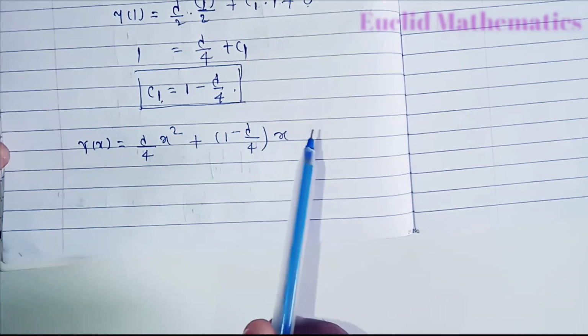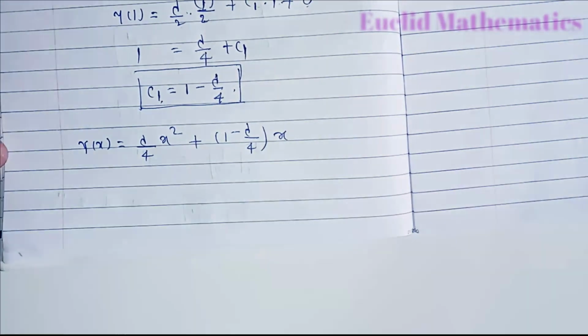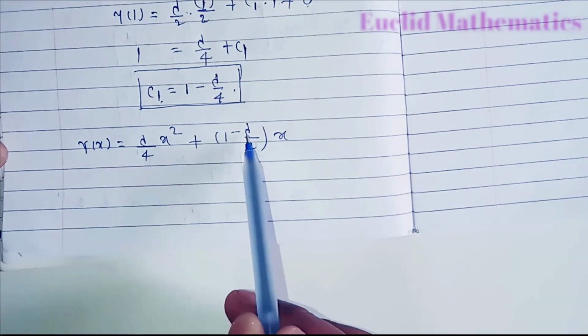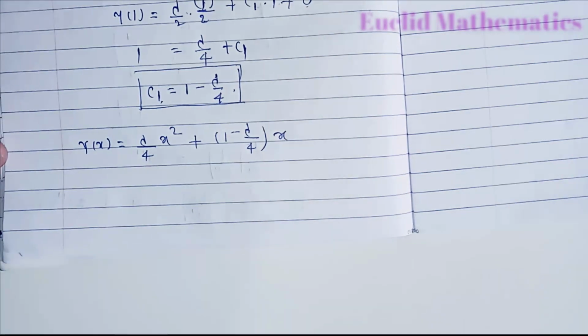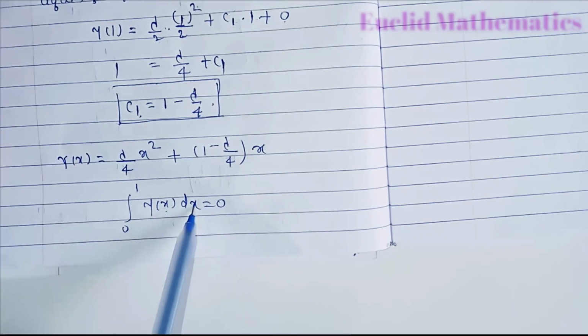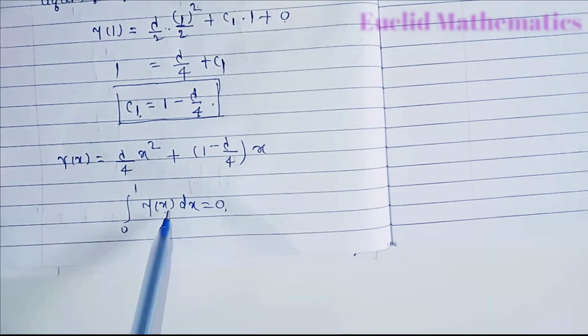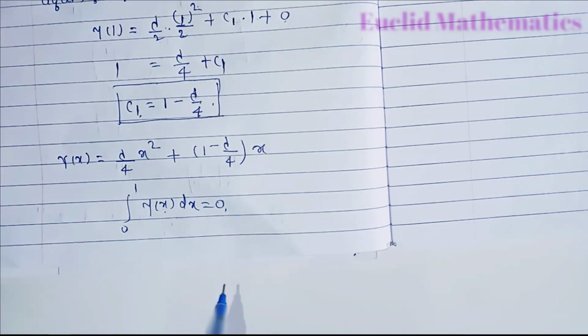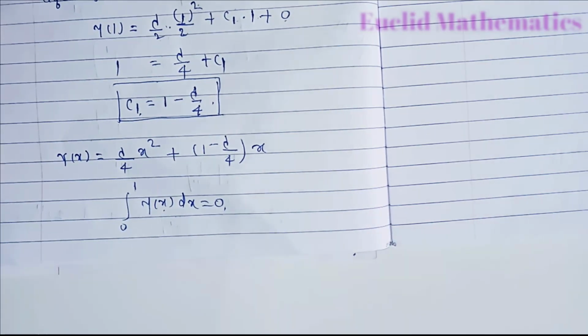Using the second integral given in our example, we get the value for lambda. So the second integral is 0 to 1 of y of x dx, which is 0. Now substitute y of x here in our second integral and then we get the value for lambda.